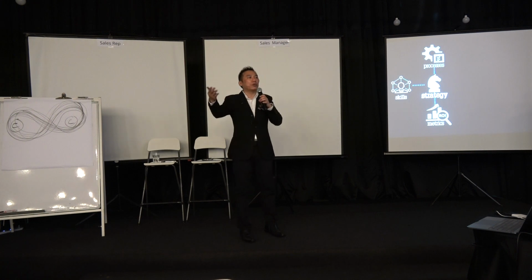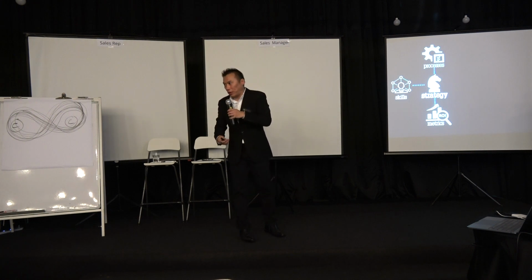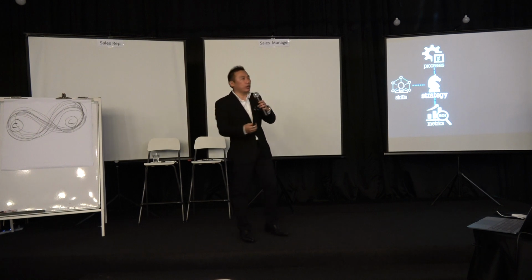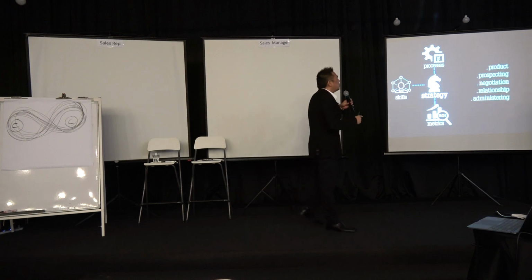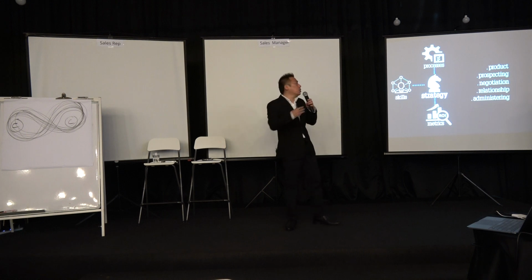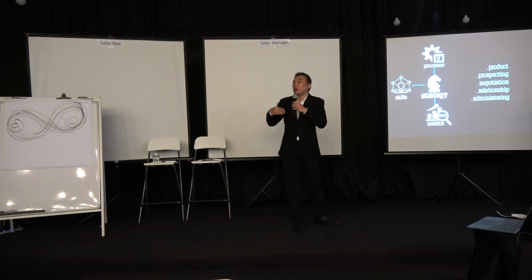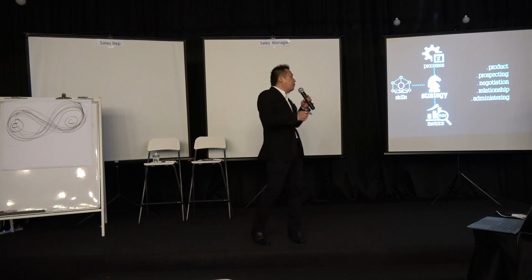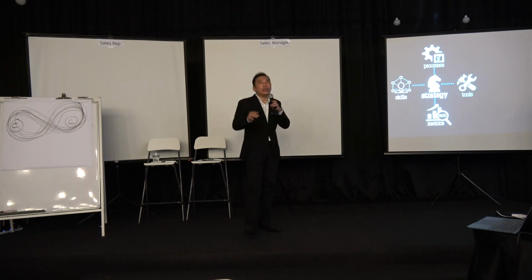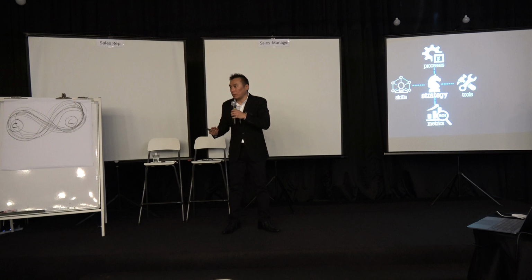I hope to be able to deliver some skills to you if you actually pay attention. And skills deals with your product knowledge, your prospecting skills, your negotiation skills, your relationship management, your administering skills, and whatnot and whatnot. And the fifth element is actually your tools.